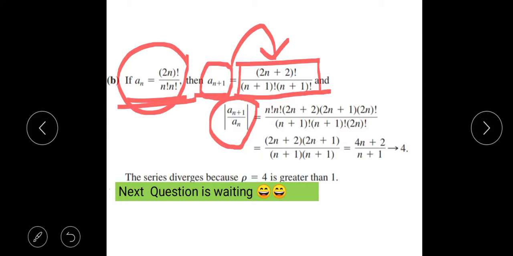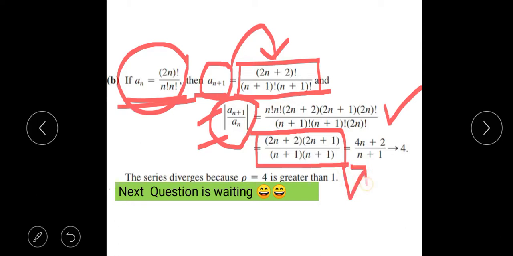Just put the corresponding expressions of an plus 1 and an, then you will get this expression, and after simplification this will be obtained. Now if you simplify further, you will get the most simplified form.